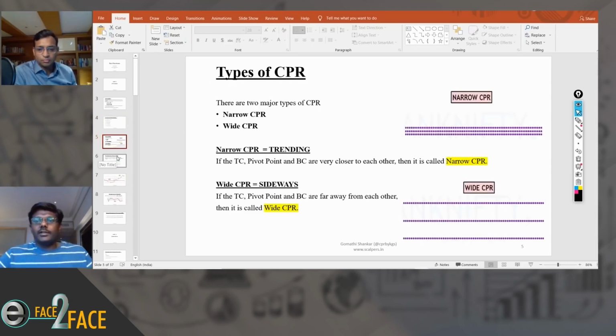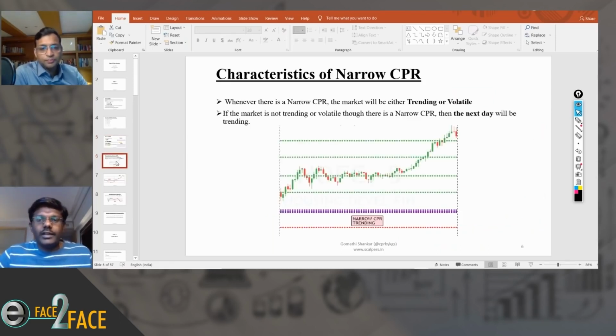So whenever there is a narrow CPR, we can expect that particular day to be a trending day. And whenever there is a wide CPR, we can expect that day to be a sideways or range bound market. This is a simple example of a narrow CPR. Here there is a narrow CPR, and if the price stays above the CPR, we have to look only for long opportunities.